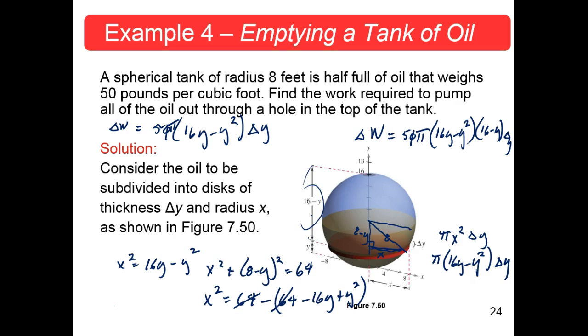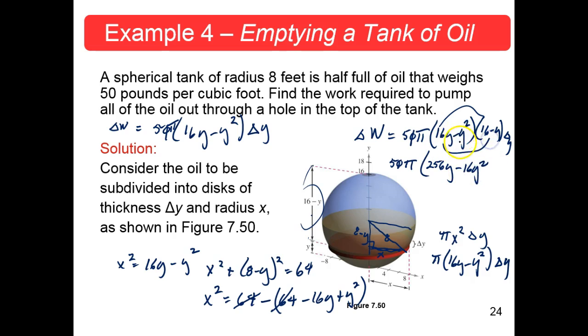Now, the question is, is it easier? I think it is. Let's go and multiply these two out. Okay. What does that give you? Whoa, big numbers. 16 times 16 is 256. So the 50 pi is out front. And this will be 256y, minus 16y squared.